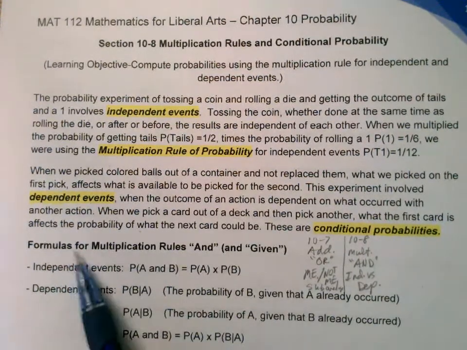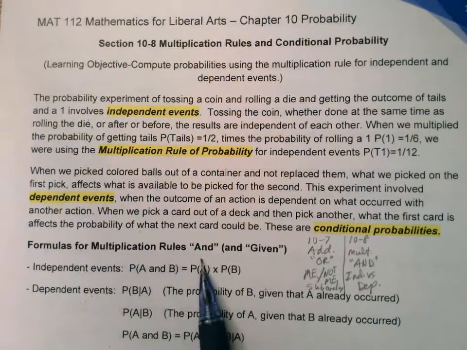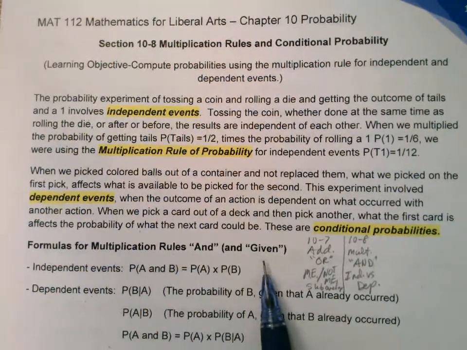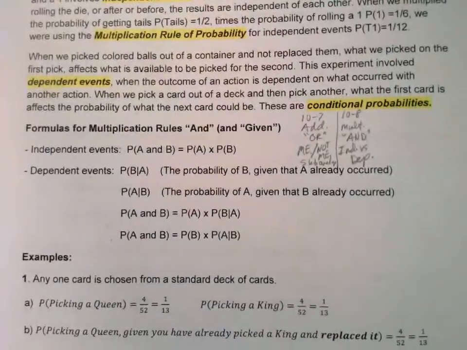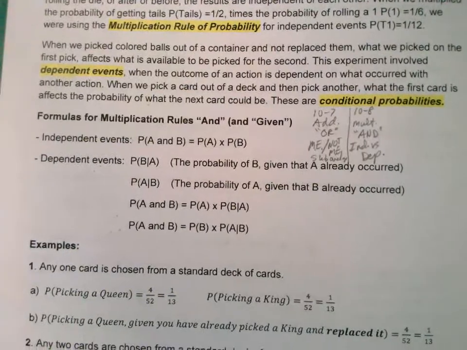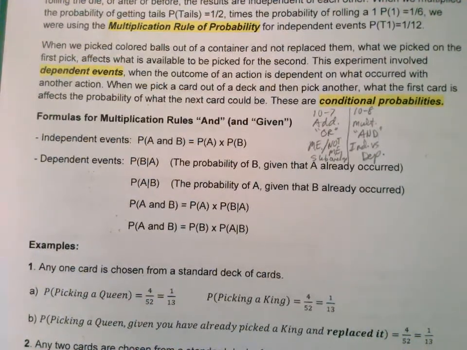So we're going to use the formulas for the multiplication rules, where the and and the given are involved. We had done some givens in the last couple of lessons, like picking out a blue ball, given that we've already picked one blue ball, or picking an ace, given that we've picked a king before.